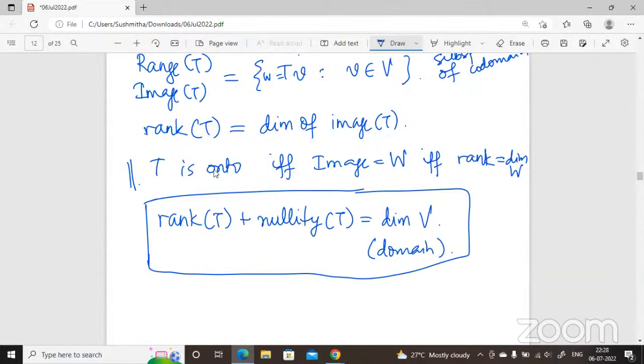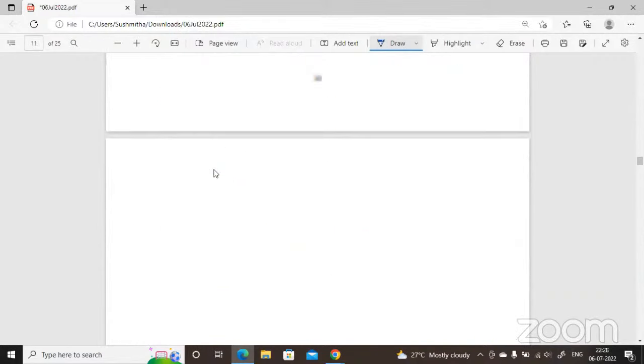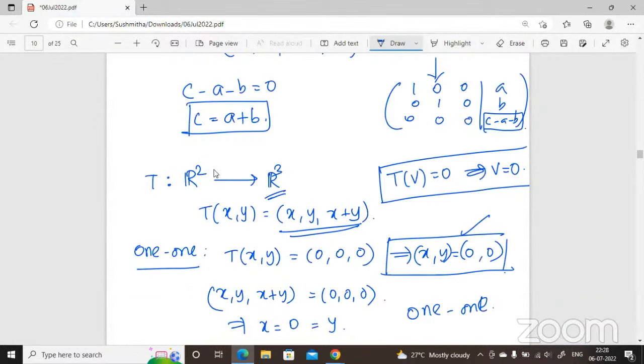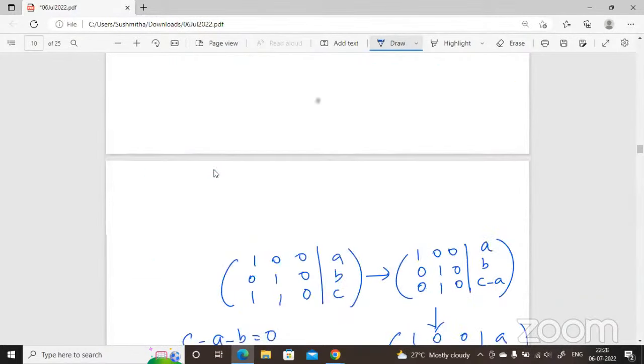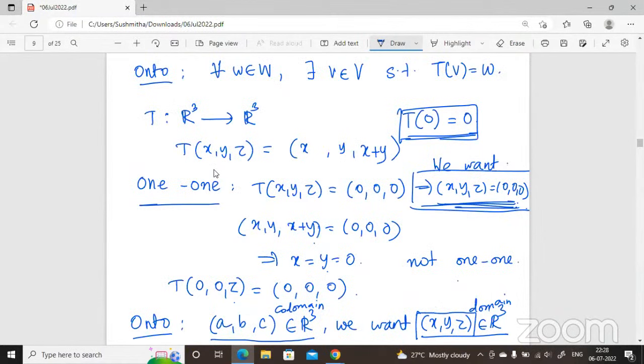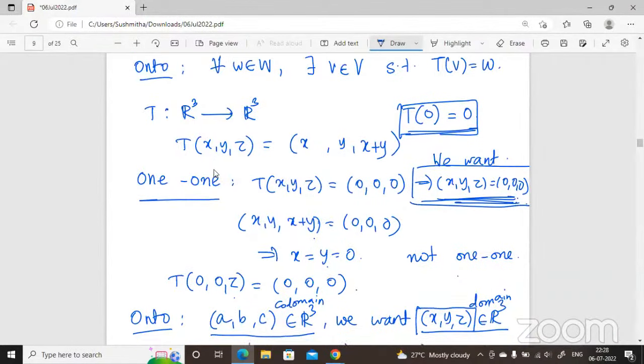So now let's go back. The first example was from R3 to R3. We have already shown it is not 1 to 1. If it is not 1 to 1, what can we tell about the nullity? It is not 0, so it is at least 1.